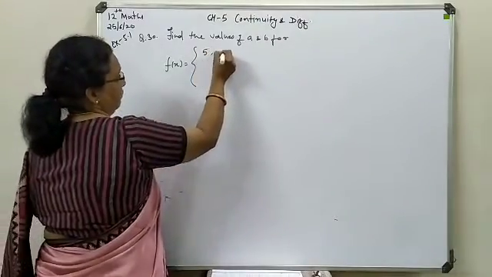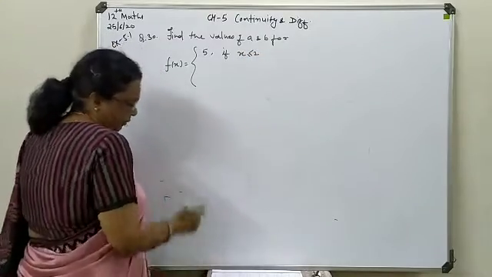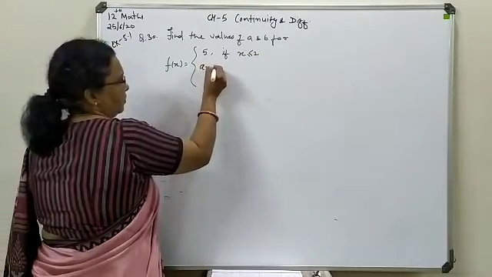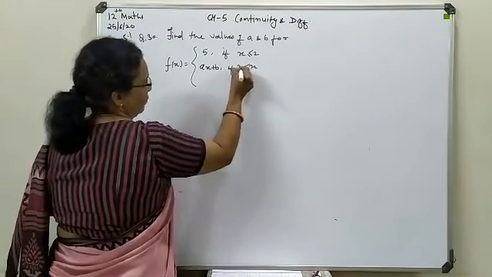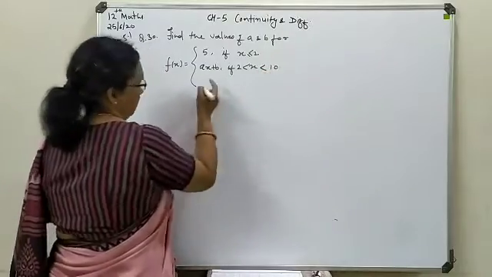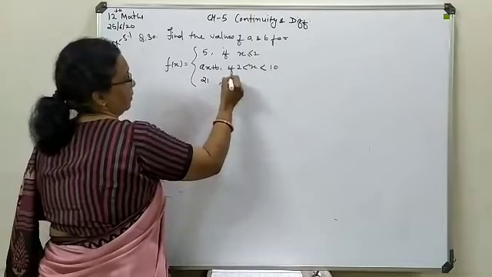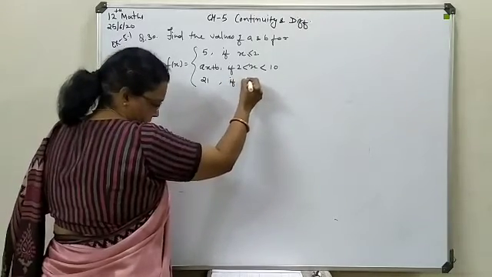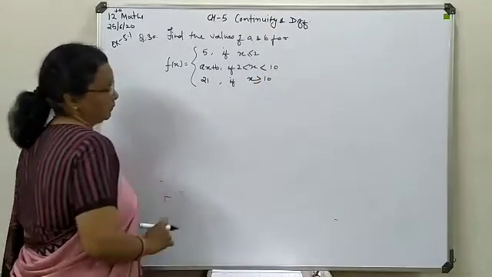It is 5 if x is less than or equal to 2, it is ax plus b if x is greater than 2 and less than 10, and this is 21 if x is greater than or equal to 10.